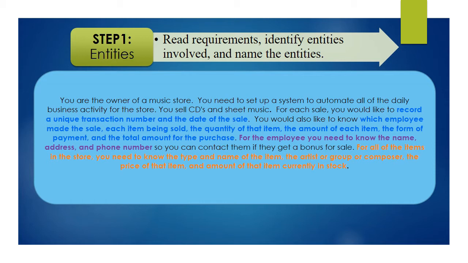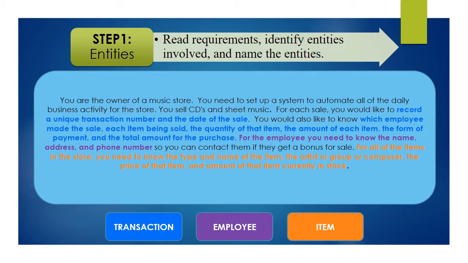The next 3 sentences, which are highlighted in blue, refer to transactions. The information highlighted in purple refers to the employee, and the information in orange is about items in the CD store. I have my 3 entities: transaction, employee, and item. This completes step 1. Let's see what needs to happen next.